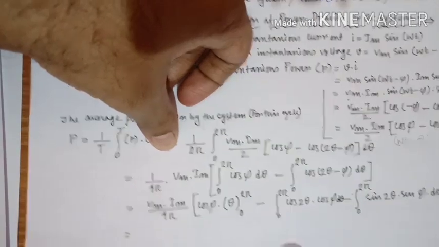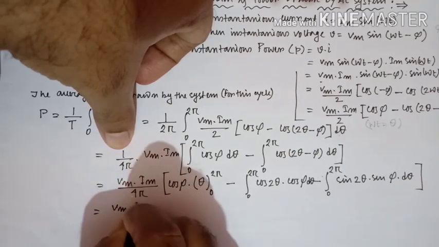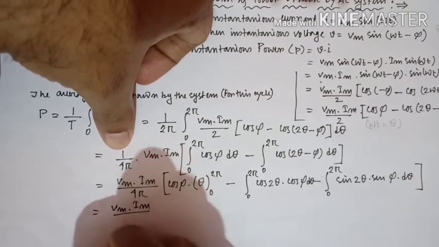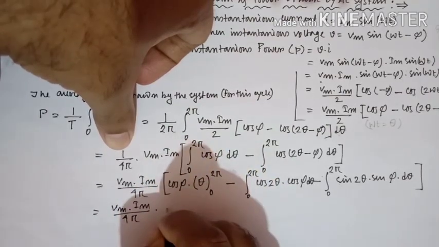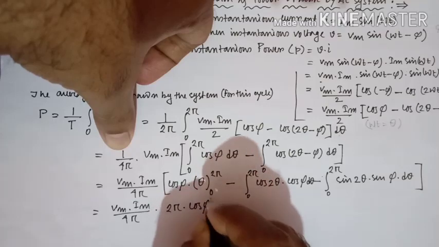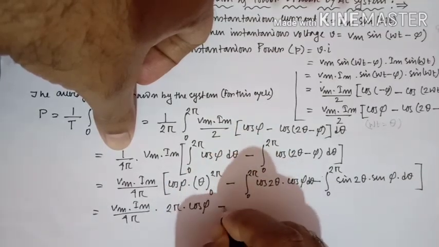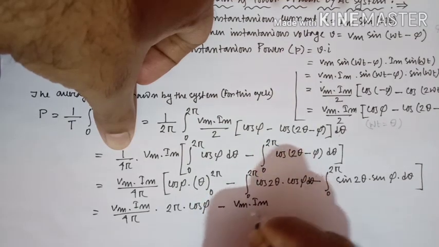So that will give us here, Vm into Im by 4 pi into 2 pi into cos phi from this term, minus Vm Im by 4 pi.